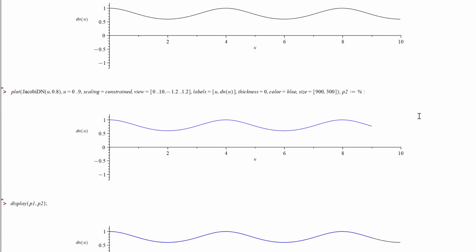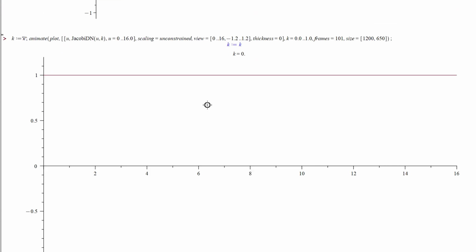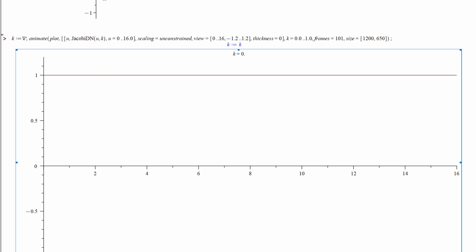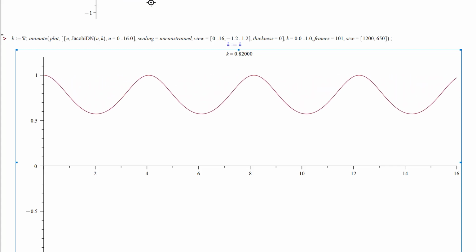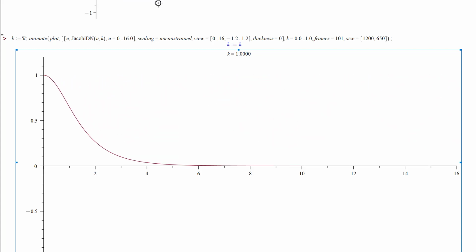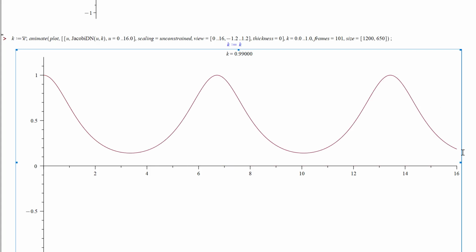And here's dn u for k equals 0. dn u is 1. That's easy to see from the definition. When k is 0, it's easy to see we get cosine, sine, and then 1. But for other values of k, it looks like this. And it heads towards hyperbolic secant of u, just like cn u did.